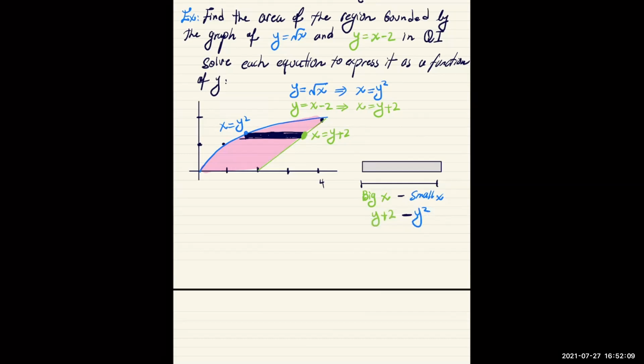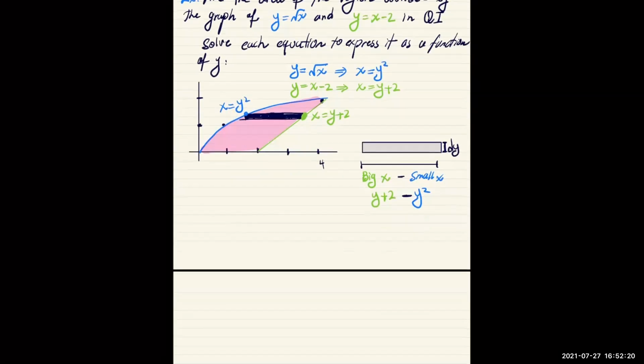And the width here is dy. This is dy because it's a vertical change. So if I want to find the area, area is going to be the length of the rectangle, y plus 2 minus y squared, multiplied by the width, dy.